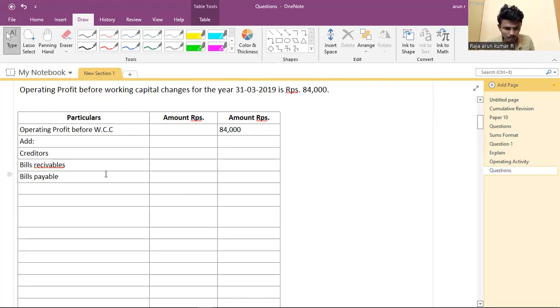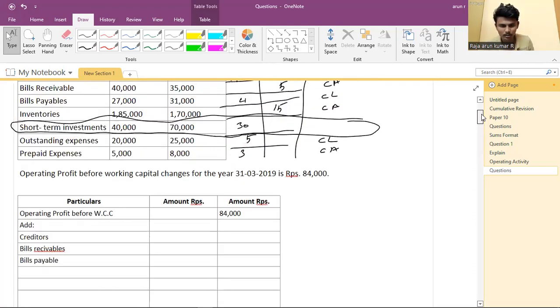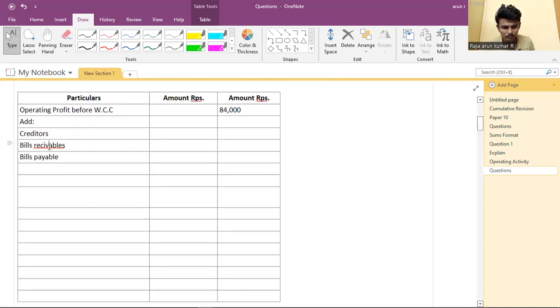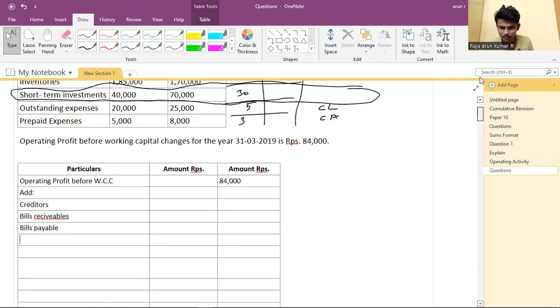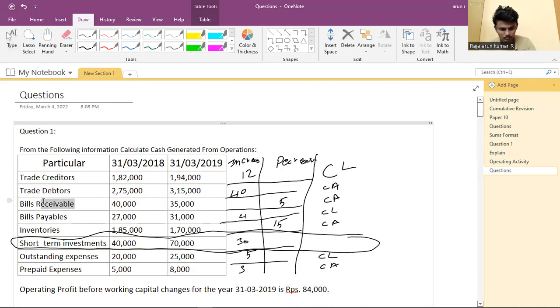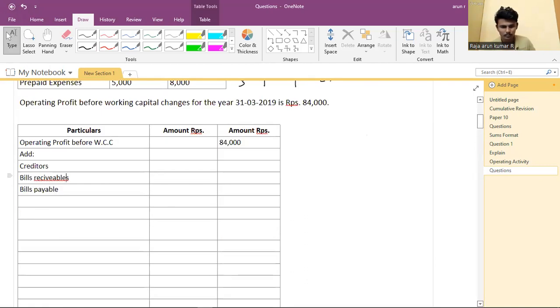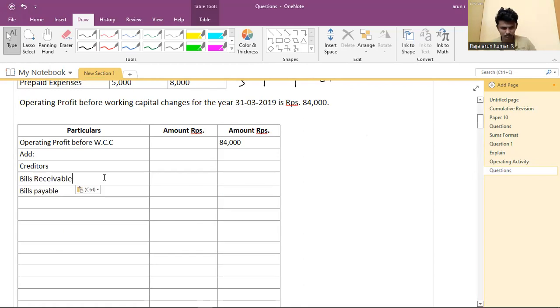Payables, receivables. Then bills payable, I take stock, inventories, in other words stock, then outstanding expenses.